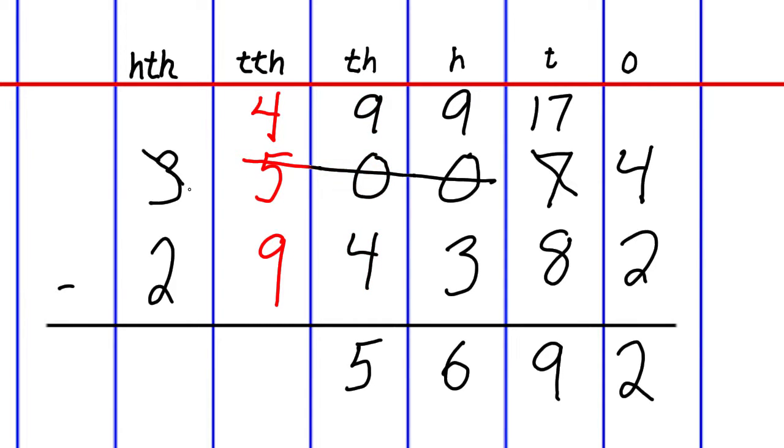Yes, we will need to regroup 300,000 to 200,000 and 10 10,000s. Then we can subtract. 14,000 take away 9,000 equals 5,000. What is 200,000 subtract 200,000? Yes, 0. And there's no need to put a 0 in front of the number to hold the place. So the final answer is 55,692.